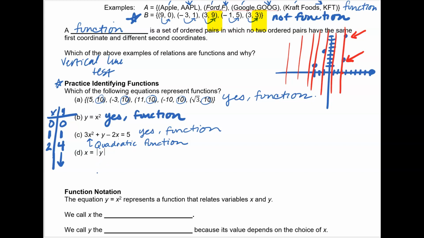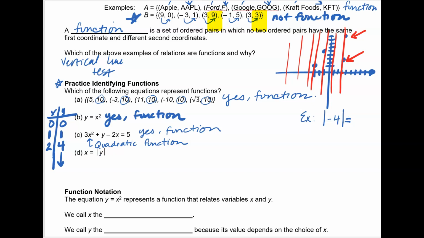When you take an absolute value of a number, you end up getting two answers. Actually, let me step back. You don't get two answers, but what it allows the graph to look like is it's possible in this case to get a graph where you could get two different outputs.